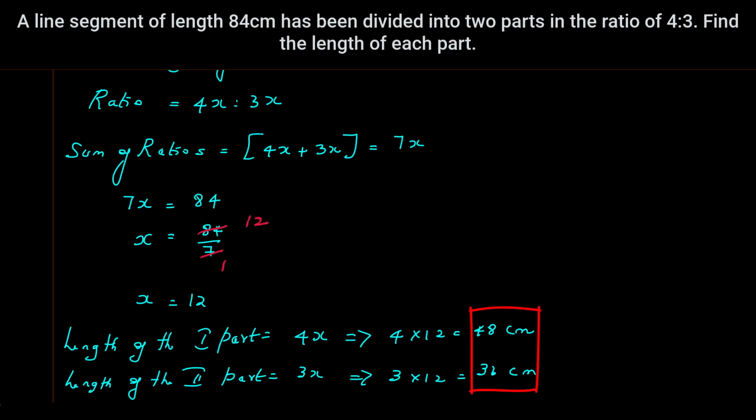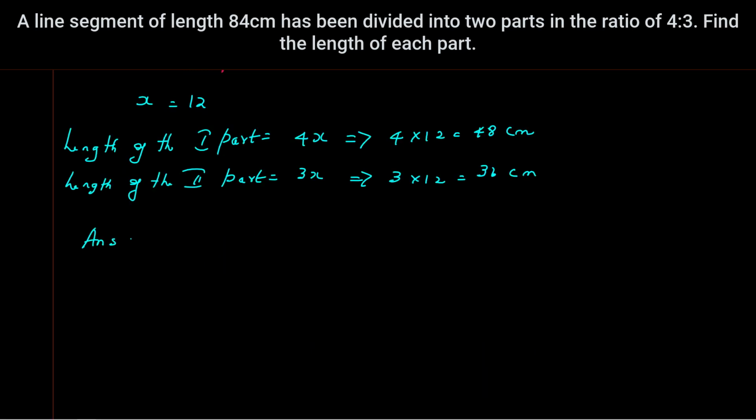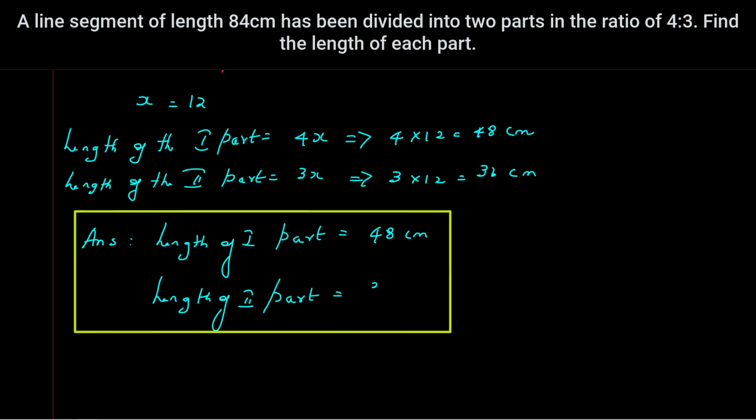So 48 plus 36 is equal to 84 centimeter, which is the total length of the line segment given. So the answer step is very important. Length of first part is equal to 48 centimeter and length of second part is equal to 36 centimeter.